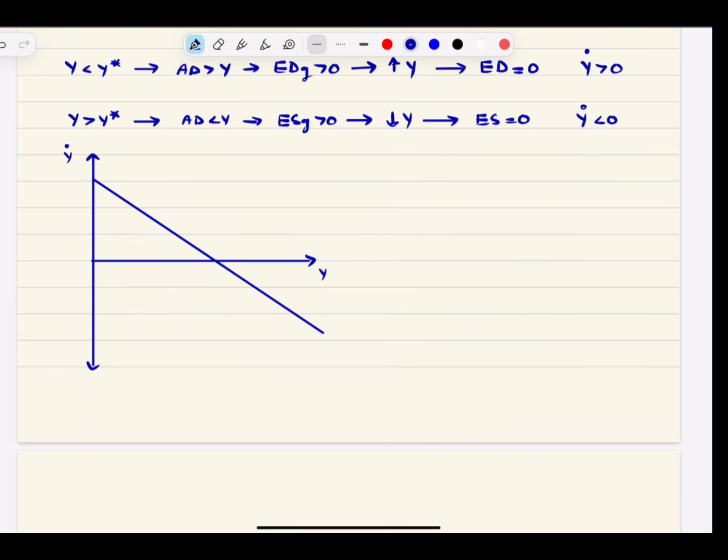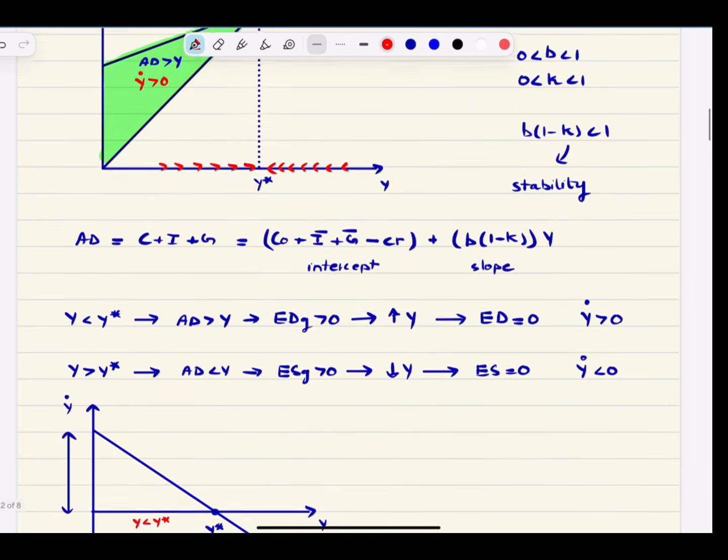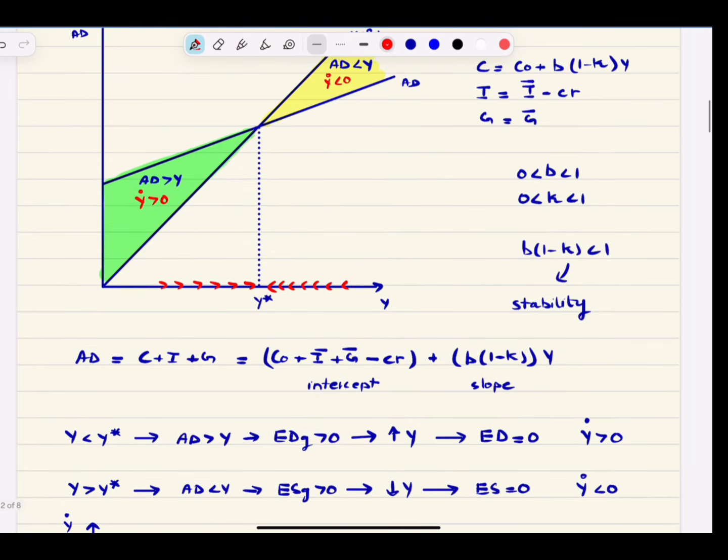We've just shown that whenever output is less than the equilibrium, actually in this case it's more than the equilibrium in this part. Let me write it out. In this region y is less than y star, and we know that in this region the change in output is greater than 0.